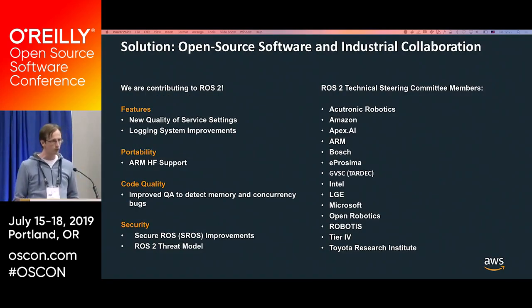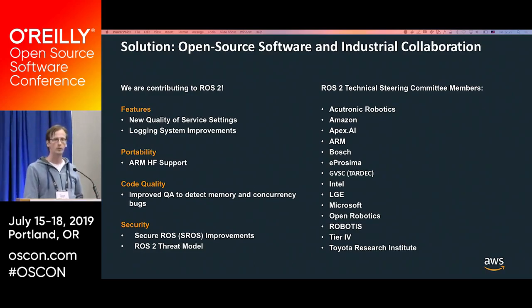So again, the solution comes from more collaboration in the industry, and it's really happening now. We are heavily contributing to ROS 2, the next generation of ROS. We are building features such as improved quality of service settings and logging system improvements. We ported and we're maintaining ROS 2 on ARM 32 bits. We are also bringing Amazon expertise in terms of development to improve the quality of the code and also the security.